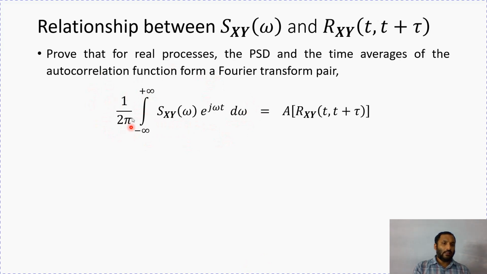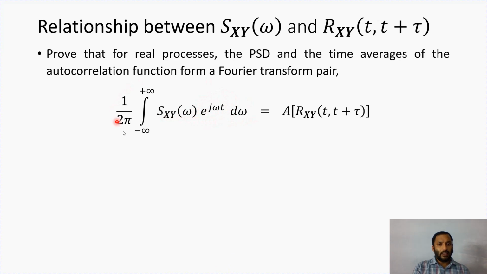Now this is the normalizing constant 1 by 2 pi, the normalizing constant of the inverse Fourier transform, right? And that is given by this integral from minus infinity to plus infinity of Sxy of omega times the kernel function, which is a complex sinusoid function, e power plus j omega t, and d omega.